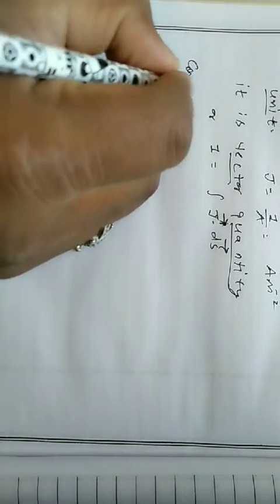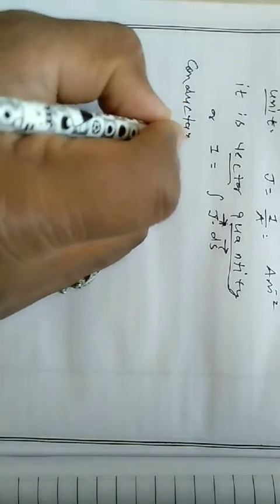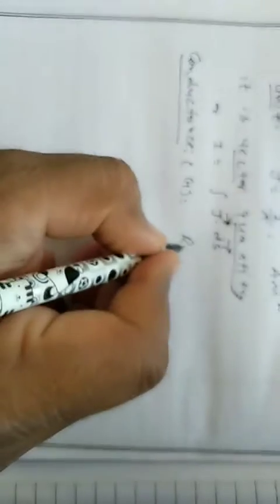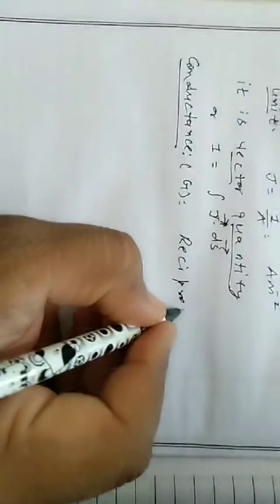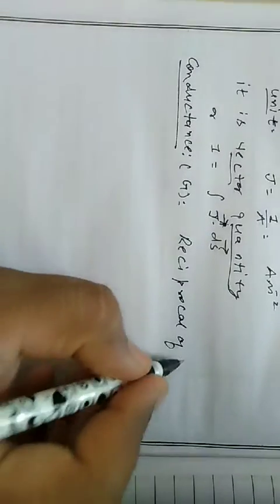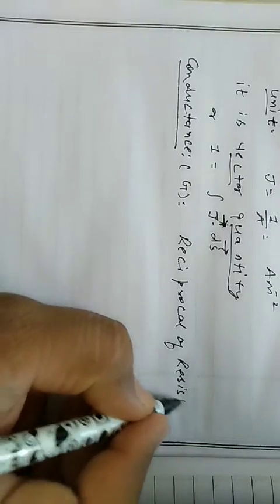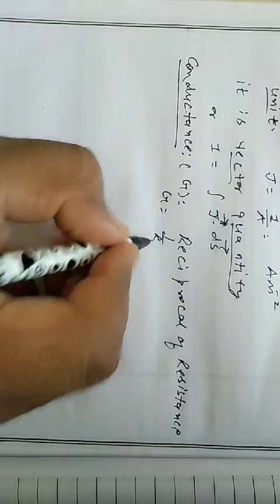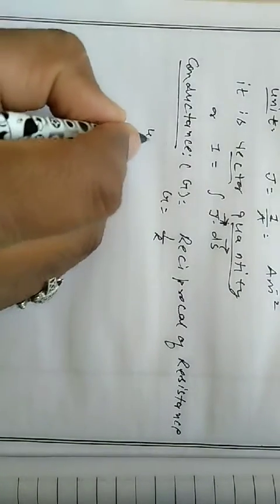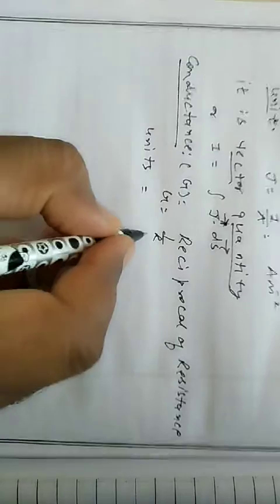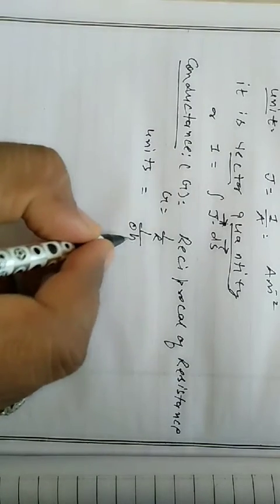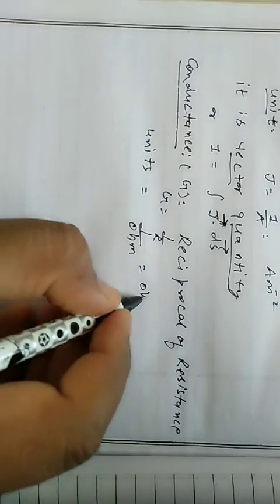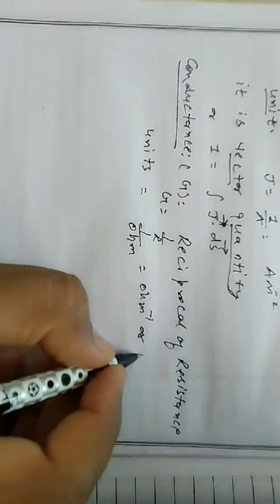Next topic is conductance. It is the reciprocal of resistance. So we can write G is 1 by R. Units: the unit of resistance is ohm, so it is per ohm or mho.